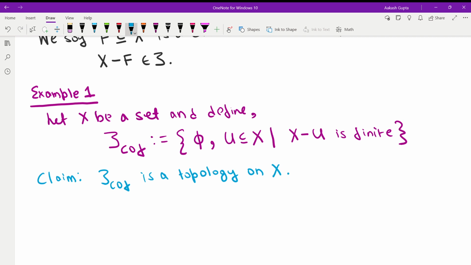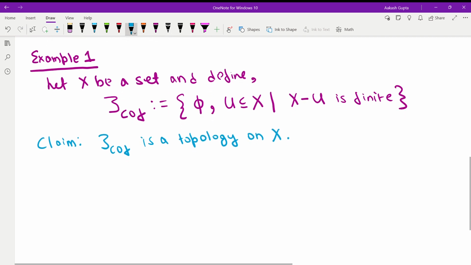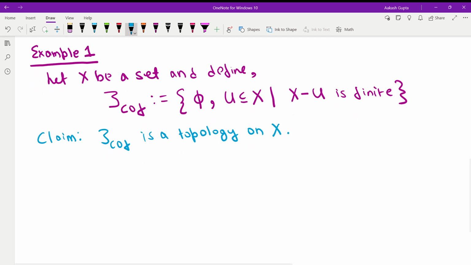Let us see how. Let me begin with the first thing. What you should have? Phi and X should be there. Naturally, phi is in tau COF, right? Because we have assumed it. So phi is here.